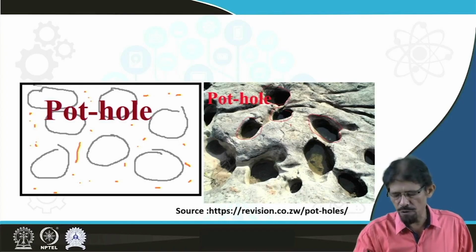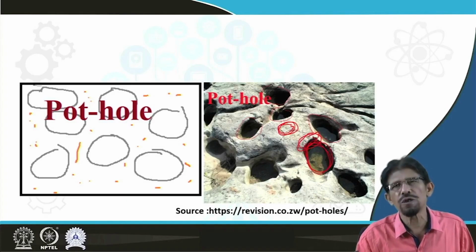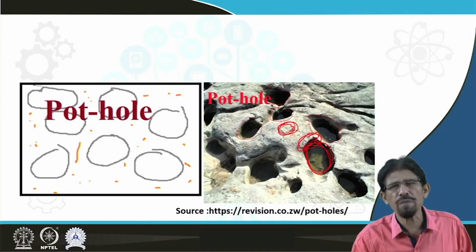The intact portion is showing different strength, this corner portion is showing different strength, and this opening is showing different strength. So there is a distribution of strength, heterogeneity. Therefore, this type of ground requires a high level of preparation.